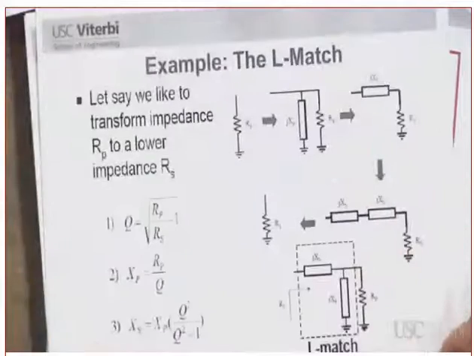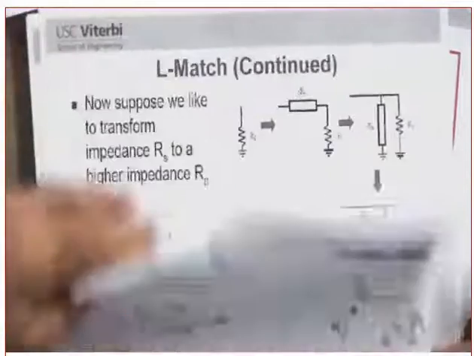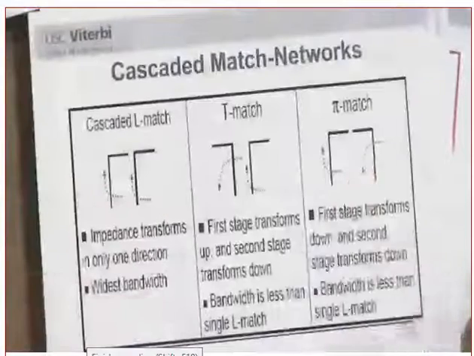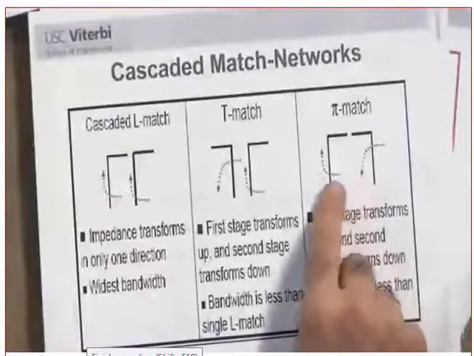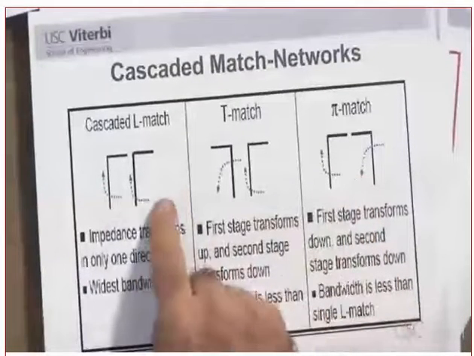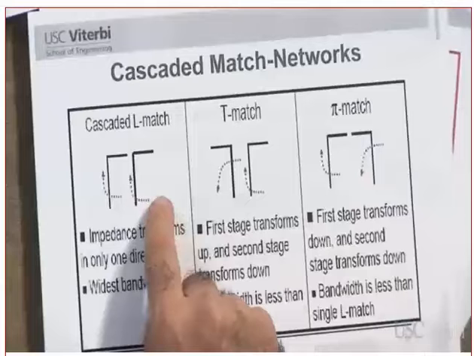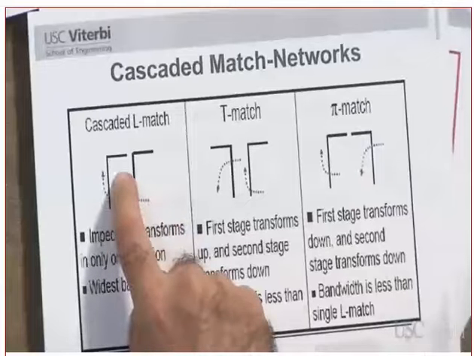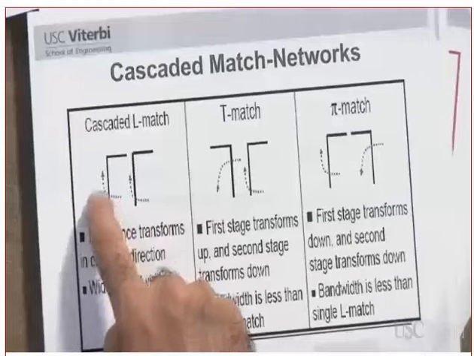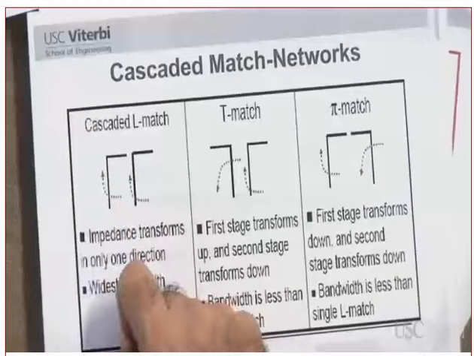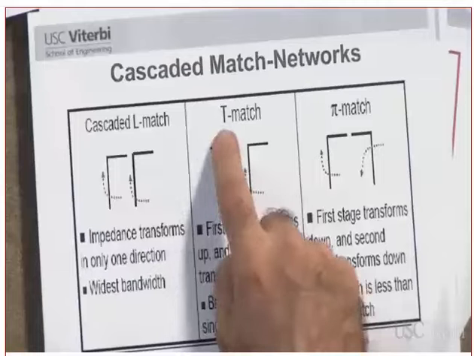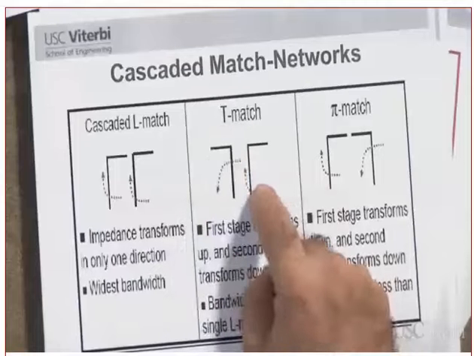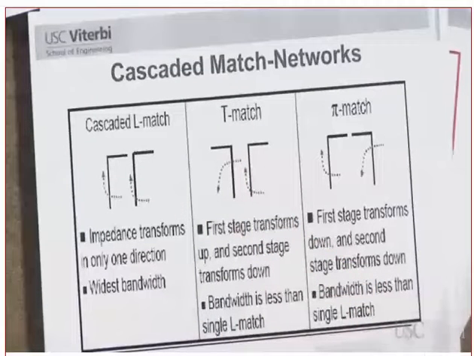I want you, first of all, before we get into the detail, to understand the notation. Do you understand what these notations mean? This is the L match, for example. This one means low to high. Did you get this or not? By the way, this is a T match, which is an L match back to back.